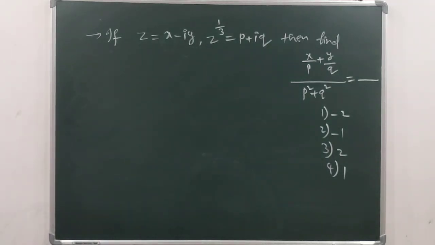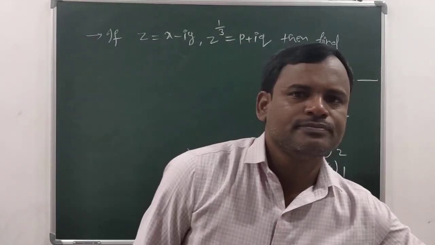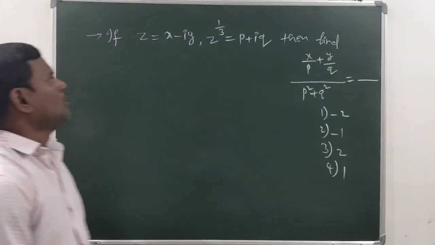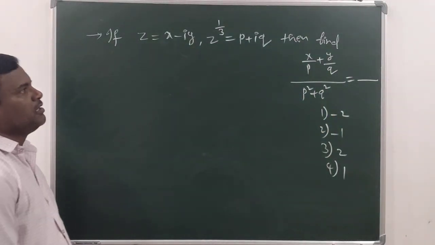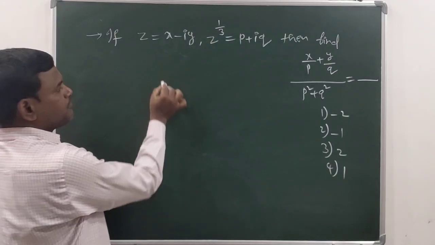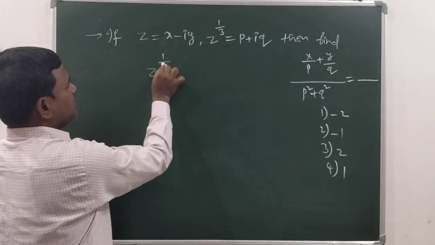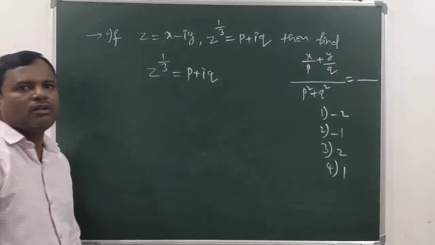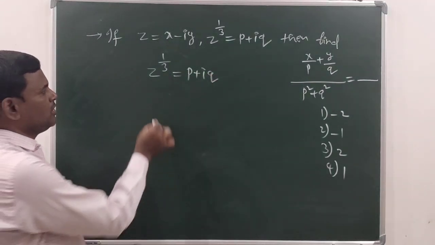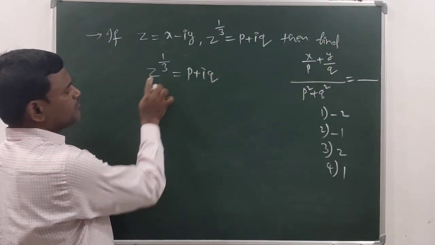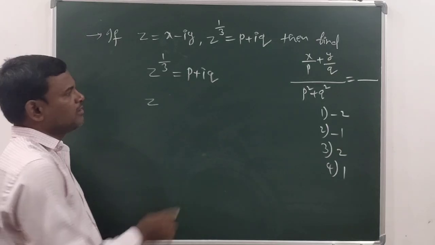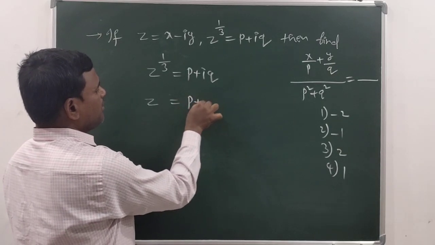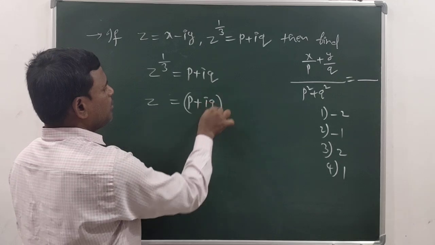Tell me students, how do you answer this question? See, take this one, z power 1 by 3, which is equal to p plus iq. Now cube on both sides. So it is going to be z. Now the right side is going to be p plus iq whole cube.